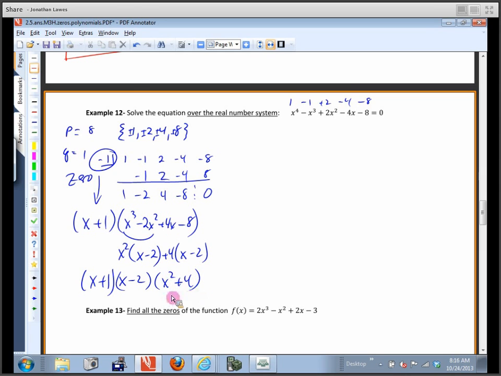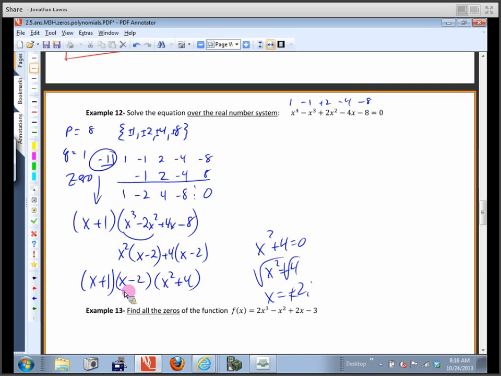Does it have any real answers? Easiest way to check would be, let's set that equal to 0. Let's move that over to the other side and take the square root of negative 4. I get x equals plus or minus 2i. Definitely not real answers. Okay? They're complex answers, but remember, it said solve the equation over the real number system.